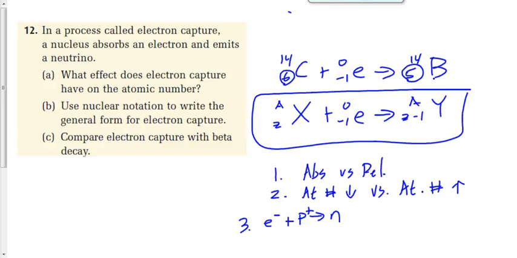It's the electron and the proton that end up producing the neutron, right? Versus beta decay, in which case a neutron produces a proton and an electron. So it's the opposite, right? Electron capture is exactly the opposite of beta emission.